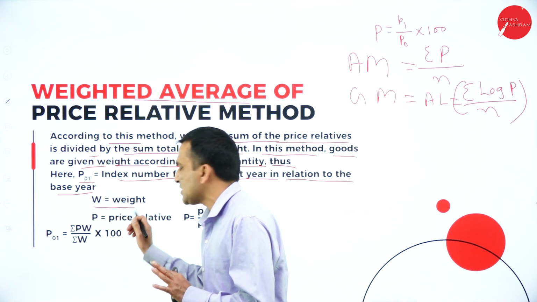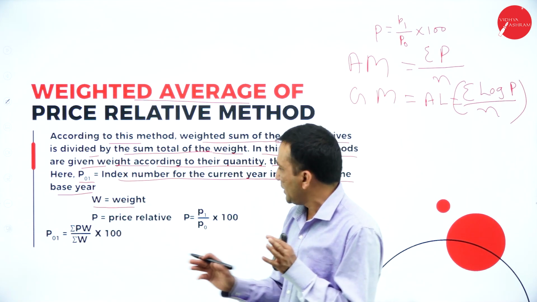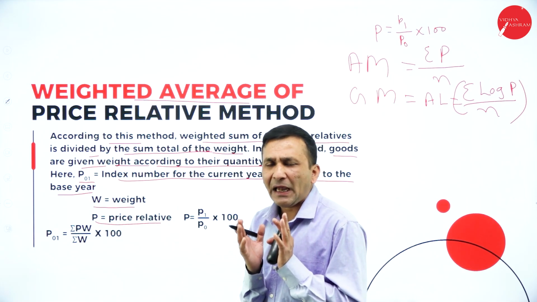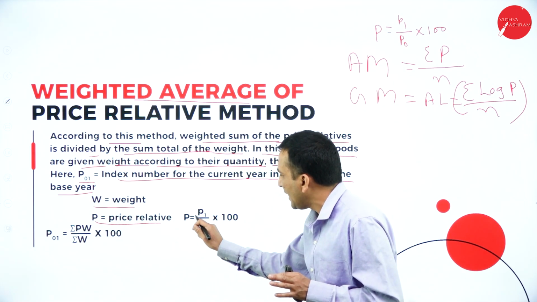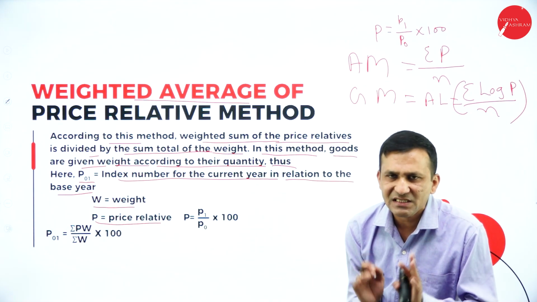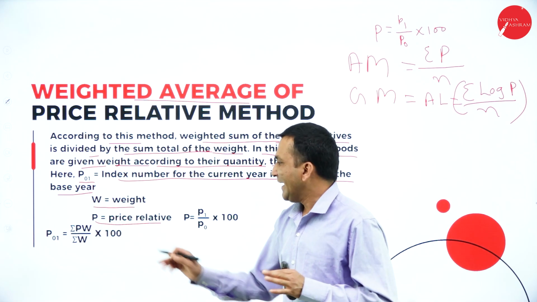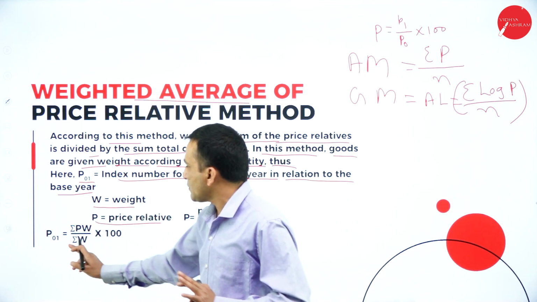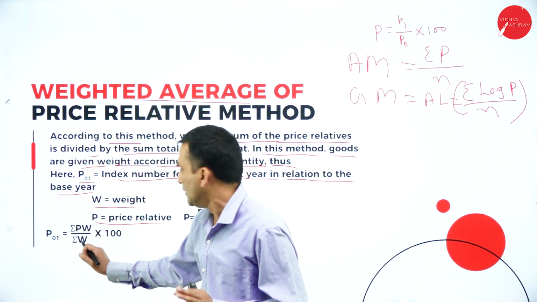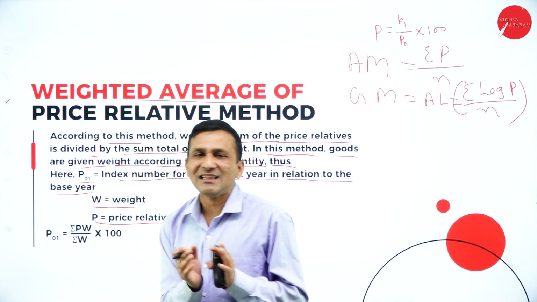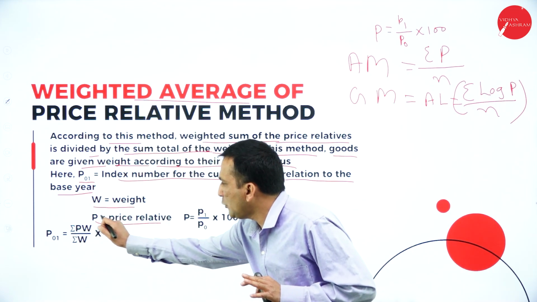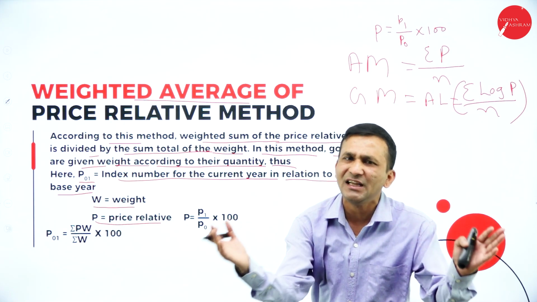The weight is symbolically capital W. And how to find P? Capital P is nothing but the current year price divided by the base year price into 100. If you do that, you can easily get it. So the formula is very simple in the case of arithmetic mean when a weight is given in the question. P01 is the price index, sigma PW. According to the formula, we construct the table.